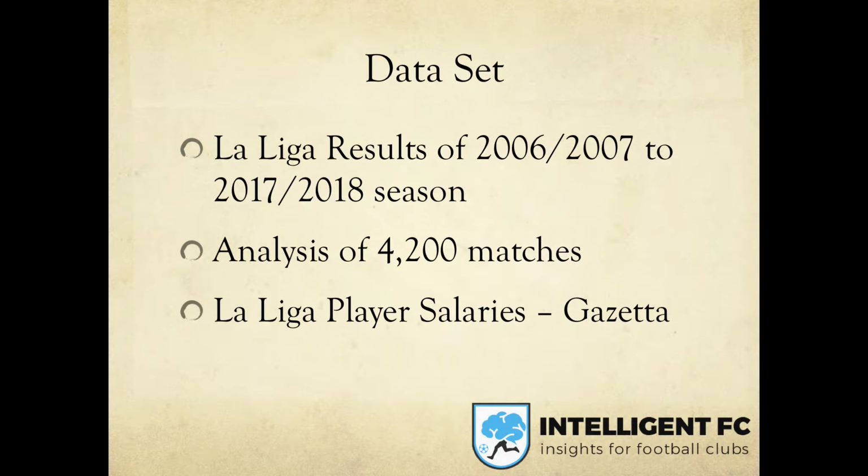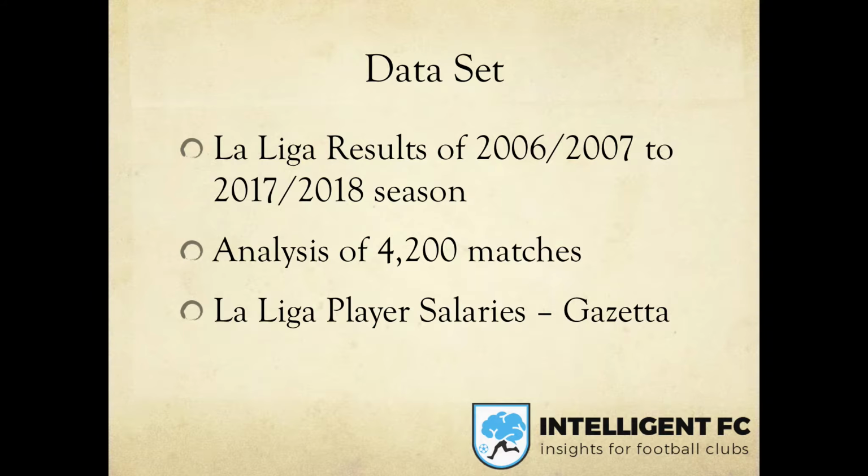So this is what I've decided to do. I decided to look at player salaries and go back as many seasons as I can. So I looked at about 4,200 matches of Italian Serie A, just to get enough data points. And that was for the seasons of 2006 up to 2017, so 11 years of data.